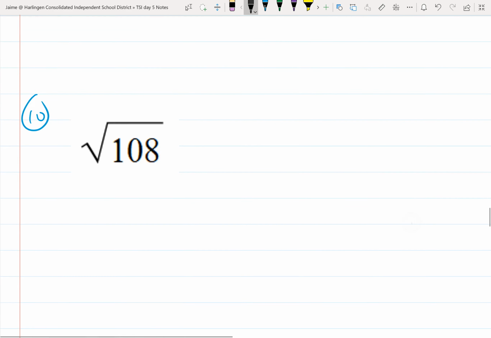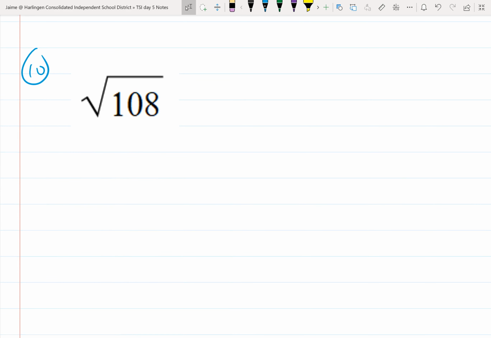Let's try one right here. Something where it doesn't go perfectly right off the bat. So 108. 108 is not perfect, so start dividing it. Which one do you divide by first?